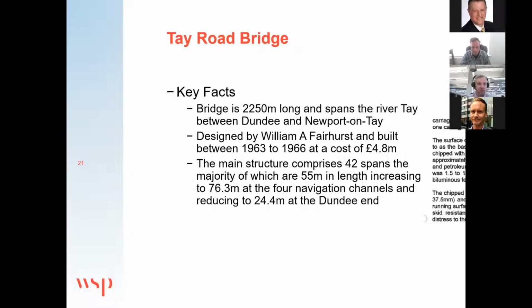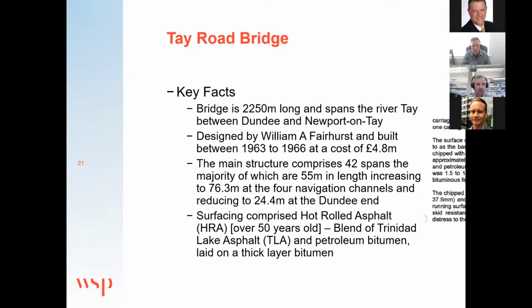For those of you who are structural engineers, you'll know this is 42 spans, 55 meters in length, increasing up to about 76 meters. And then there's navigation spans as well. And again, my background is not structures, but I had to speak a lot to my structures friends about this, and it was fascinating. Here's the more amazing thing.